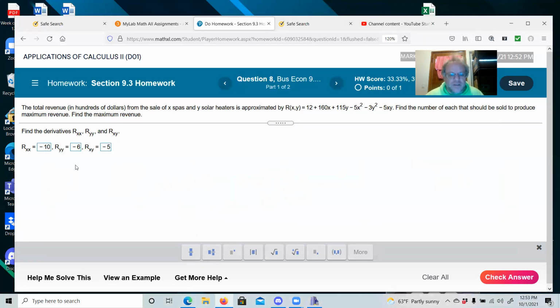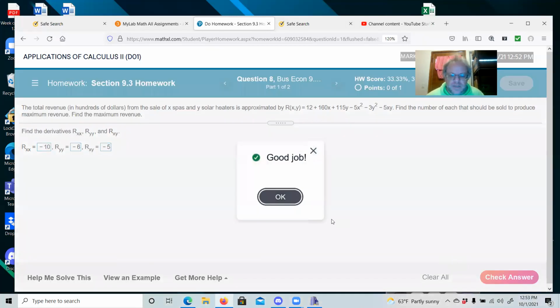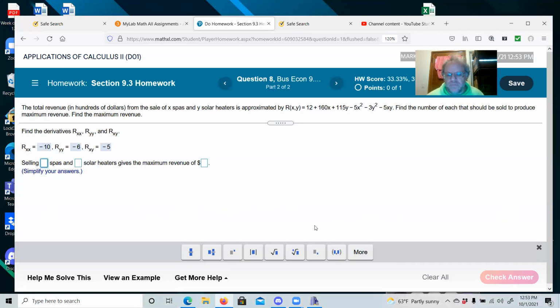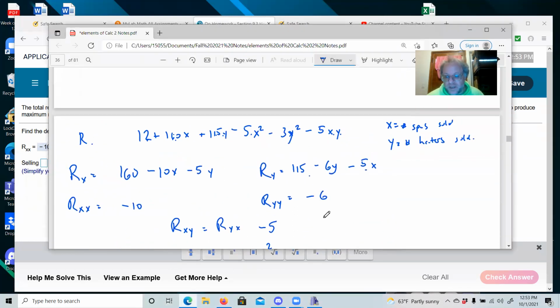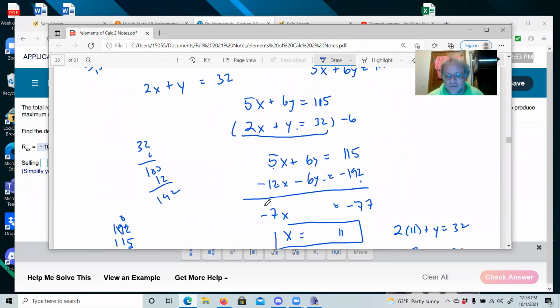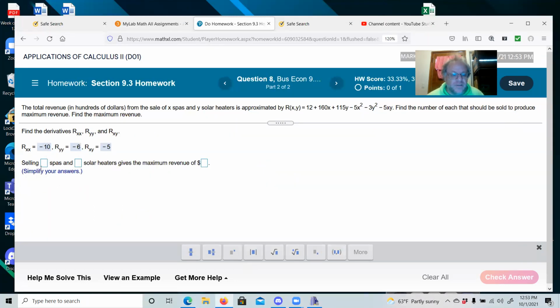Okay, so check. And selling, well, X, right? This is why you write it down, so you would know that X was spas, and that was going to give us 11 spas and 10 solar heaters for our maximum revenue.